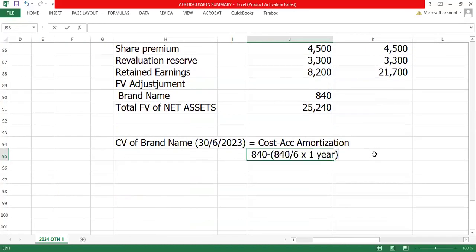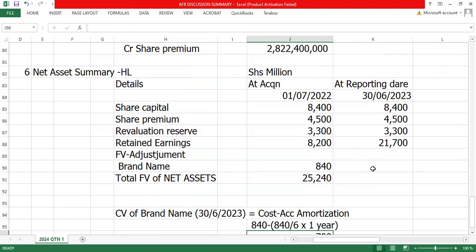So the carrying value will be 840 minus 840 divided by 6. You're simply getting the amortization for each year. So do you have this in your books? Yes.